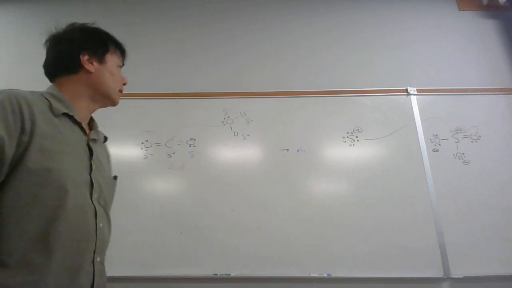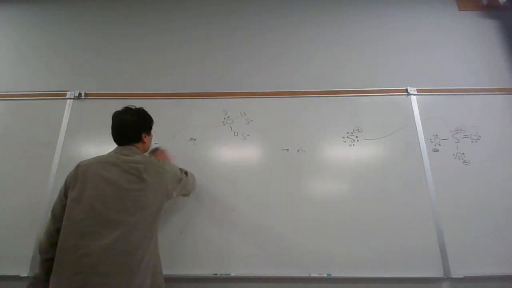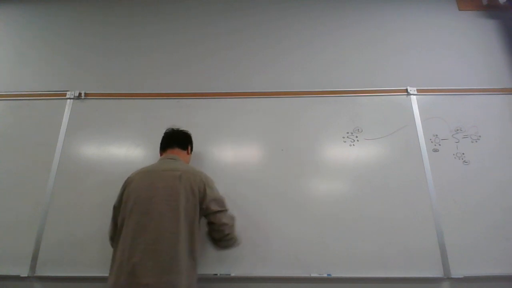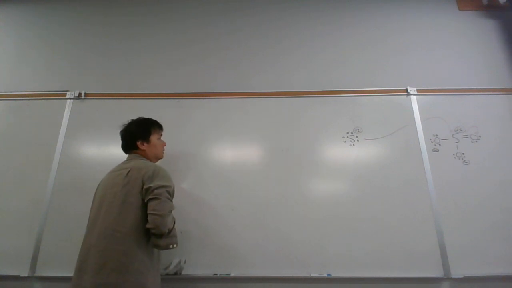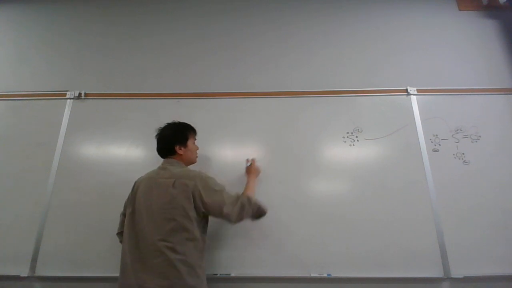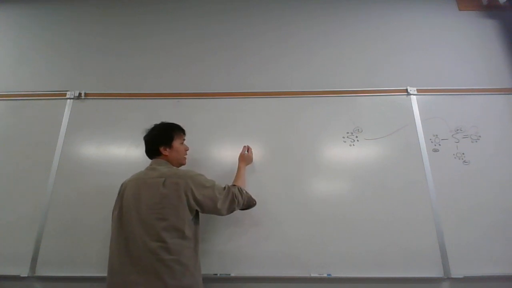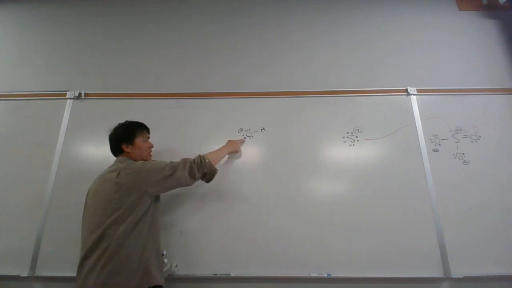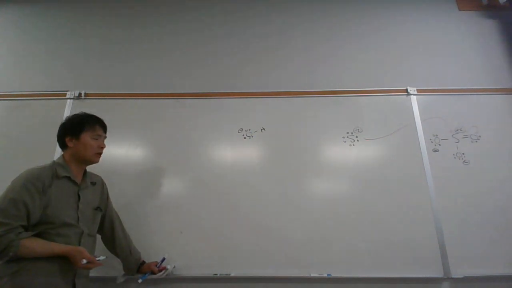Let's do another one. Let's try to take a pretty good Lewis base, like hydroxide. Hydroxide is a pretty good Lewis base because this oxygen has a negative charge and a lone pair.